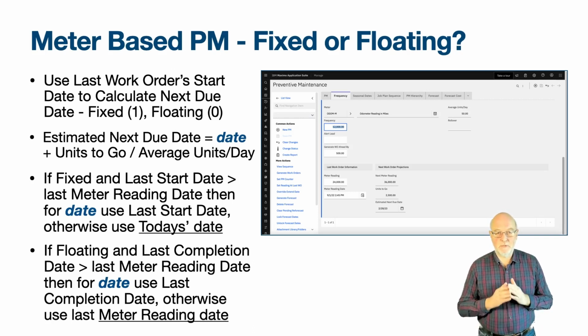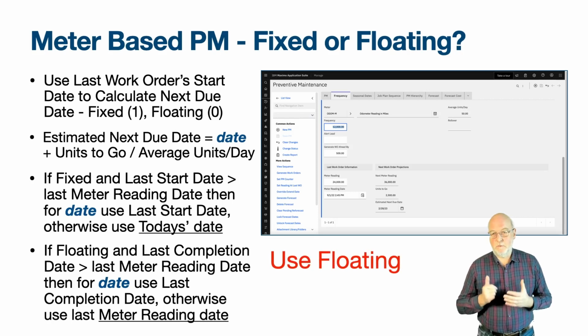This is because Maximo cannot assume there were any units used between the last meter reading date and today. If units were used, but you didn't have a meter reading, then for a fixed schedule, the estimated next due date is always going to be greater than it might have been if you had just submitted a meter reading.